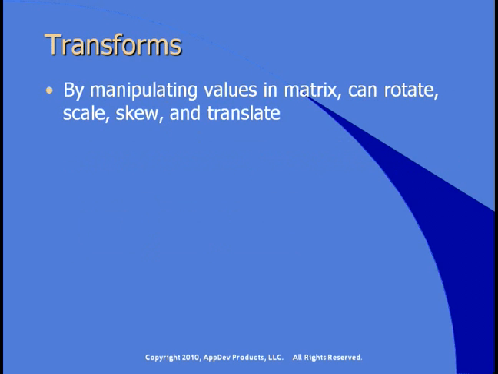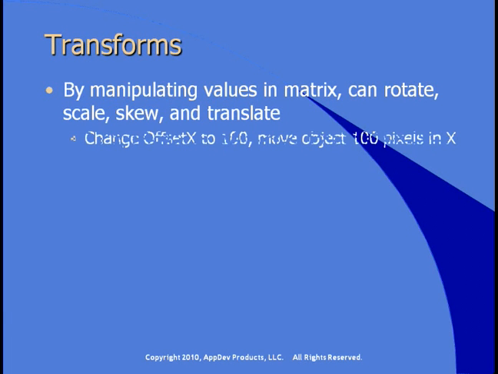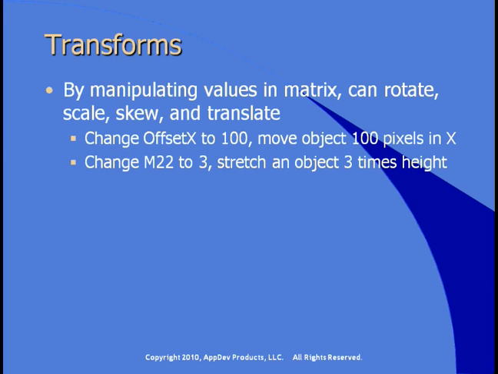By manipulating values in that matrix, you can rotate, scale, skew, and translate things. For example, if you change the OffsetX value to 100, you'll end up moving the object 100 pixels in the X direction. If you change M22, that is, the matrix value in row 2, column 2, to 3, you'll stretch an object to 3 times its height.